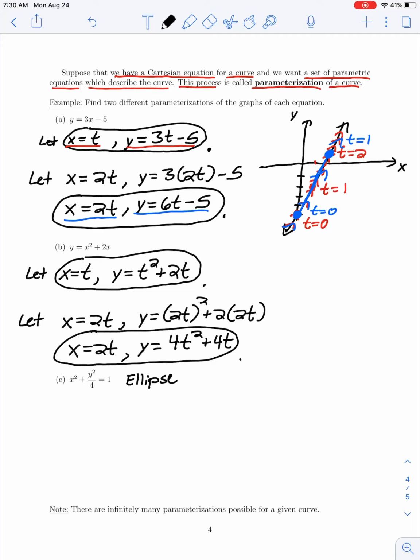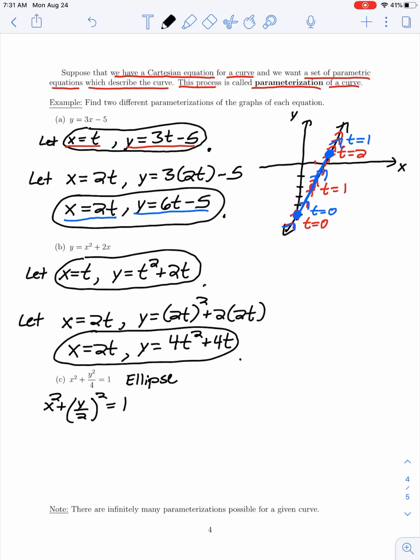But we can think back to our previous example, where we saw that parametric equations for an ellipse might involve sine t and cosine t, because we know the sum of those squares would be equal to 1. And here, the equation of our ellipse involves the sum of two terms squared. In particular, we have x squared, and y squared over 4 we can think of as y over 2 quantity squared, being equal to 1.